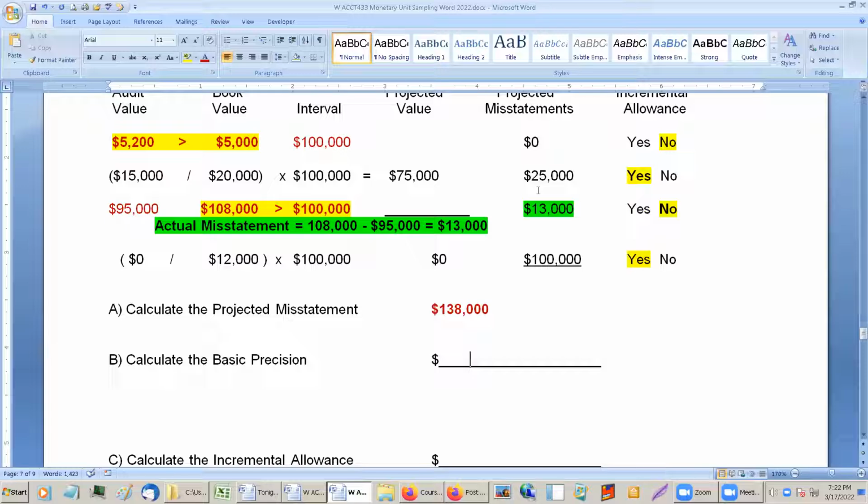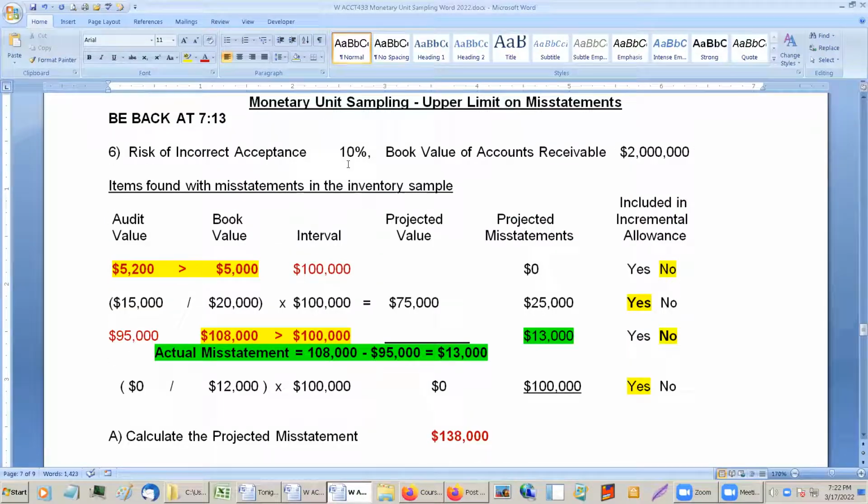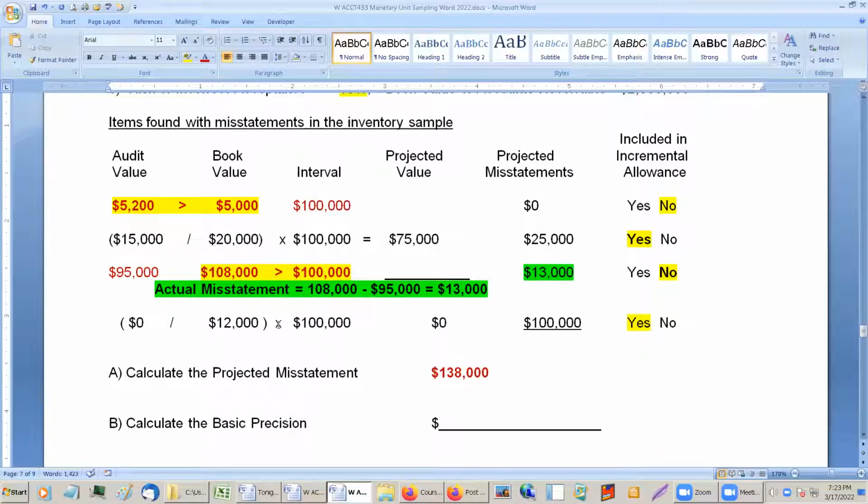Okay, I'm going to shut up and see if you guys can figure out the basic precision. Now be careful because we're using 10% this time. Is it 100,000 times 2.31? Yep.